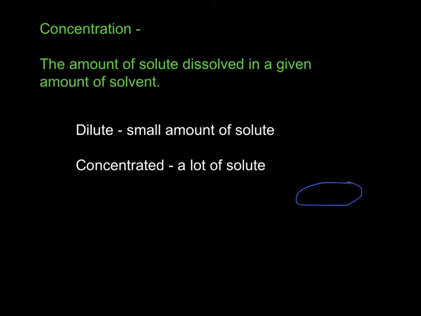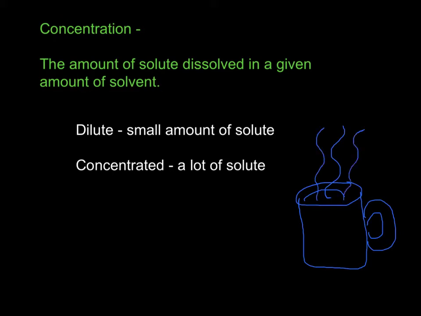So you decide when you make your coffee in the morning how concentrated or how diluted it will be. And when we do that with chemicals, we can actually figure out a number for how concentrated or how diluted something is, and we'll call that molarity.